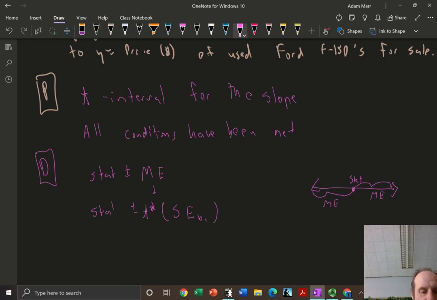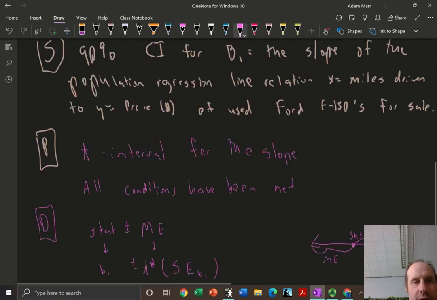And in our case, the actual statistic is just going to be the value of the actual slope that we're given, our little b sub 1.